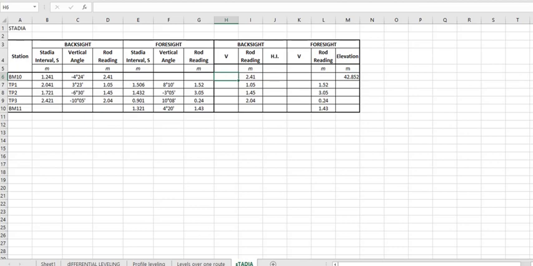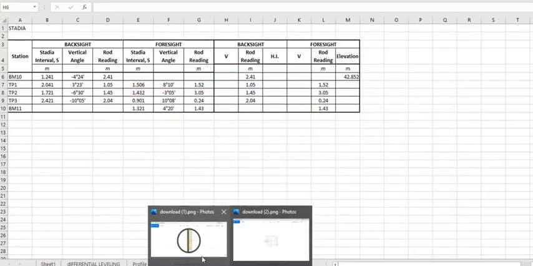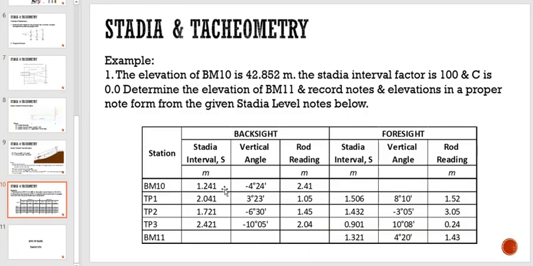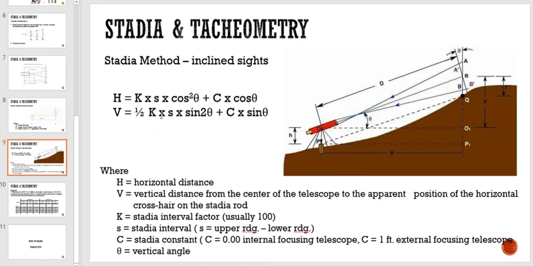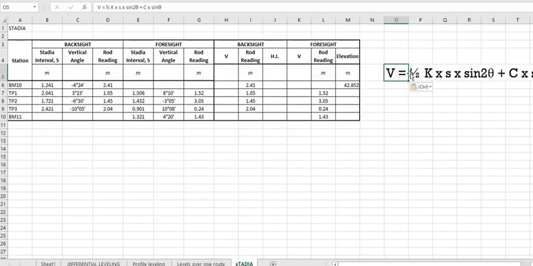So, the formula: V is equal to 1 half Ks sine 2 theta plus C times sine theta.